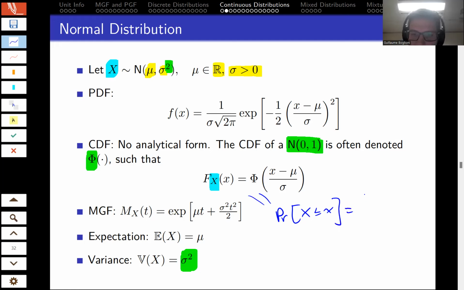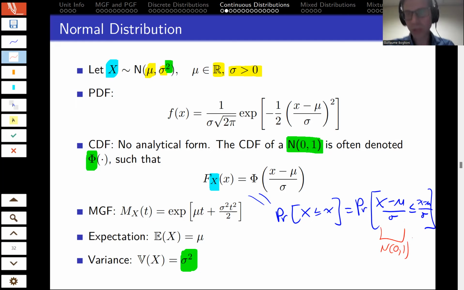Well, you can rewrite this as the normalized X, X minus mu divided by sigma, but then on the other side you need the same thing, x minus mu divided by sigma. As usual, I struggle with my handwriting, but now you recognize that this thing here is of course just a standard normal, because that's a property of the normal.